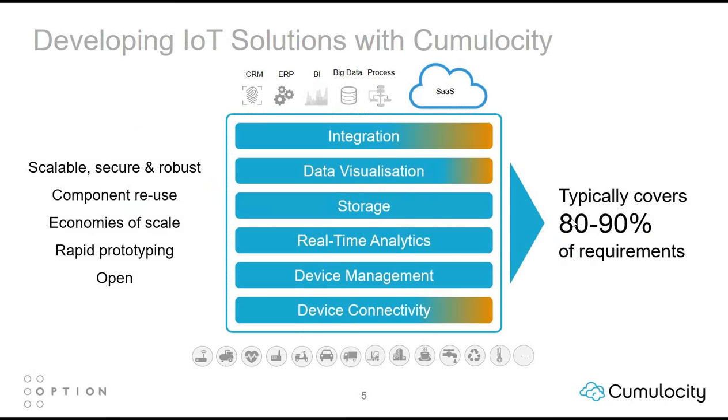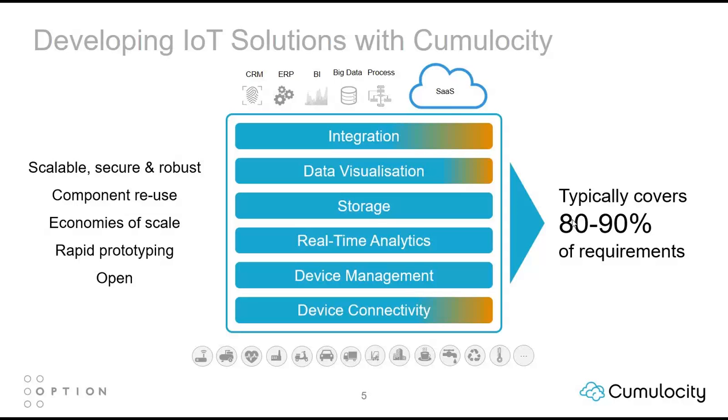Cumulocity strives to remove the complexity and cost from IoT and allow the benefits to be exploited rapidly, comprehensively, and securely by all organizations. We offer a fully featured Internet of Things application enablement and device management platform product, which covers 80 to 90% of the requirements of most customers out of the box.